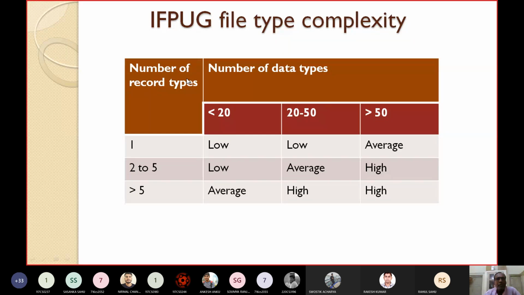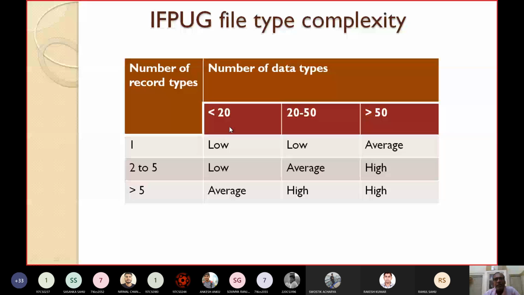If your particular file contains 2 to 5 records, because I am again saying a file is a collection of logically related records, and a record is a collection of some logically related data. So that's what I am explaining this way. If it has 20 to 50 data types, it is average, and if it is greater than 50, it is high.